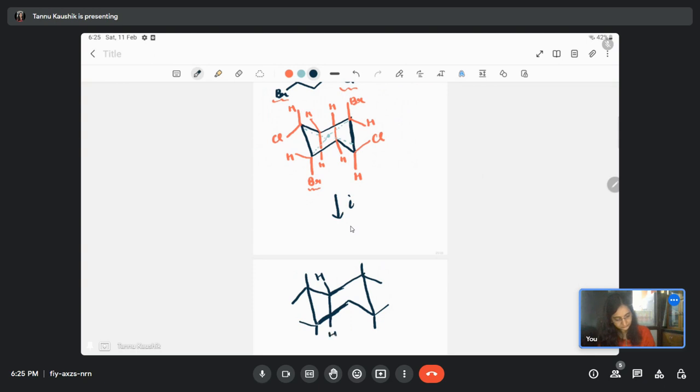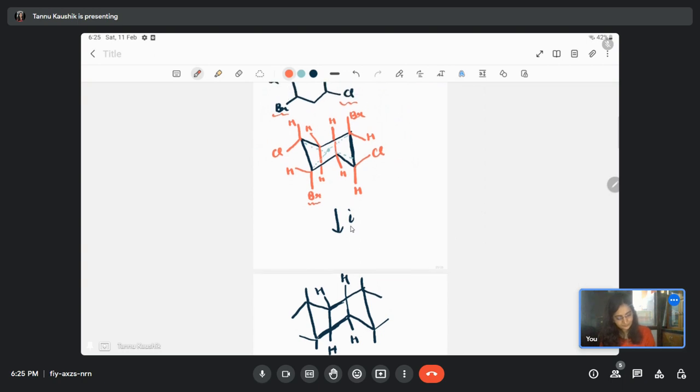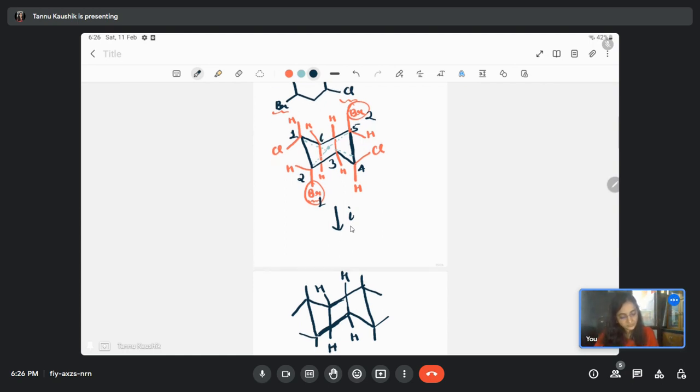So these hydrogen atoms, these positions. So if I label it like this: one, two, three, four, five, six.